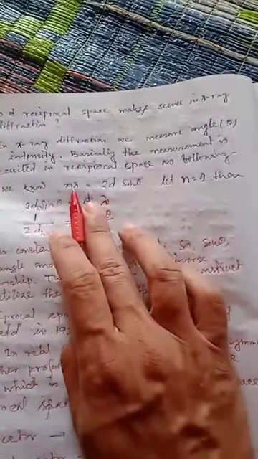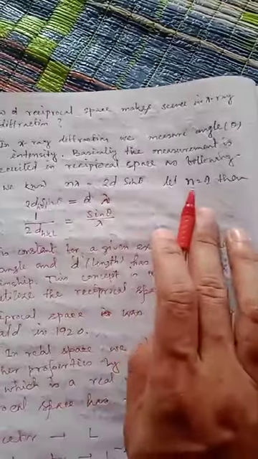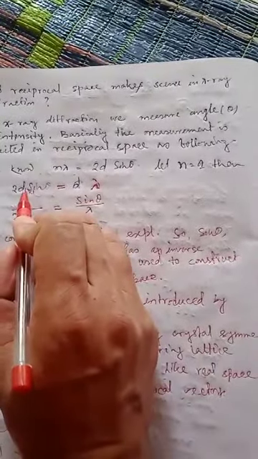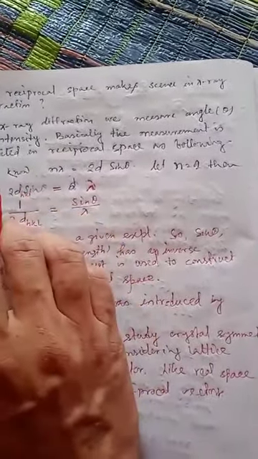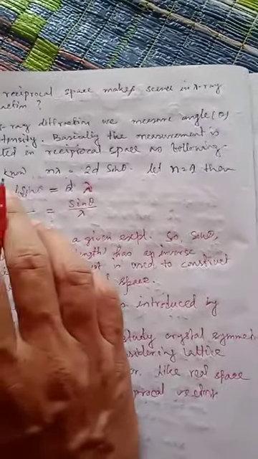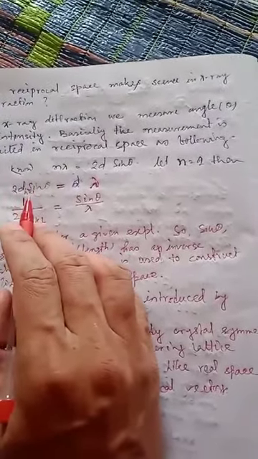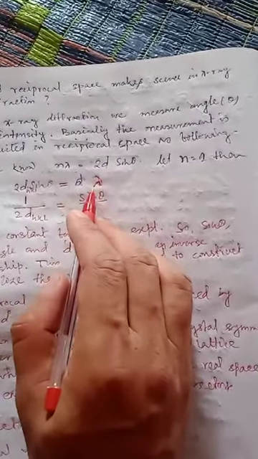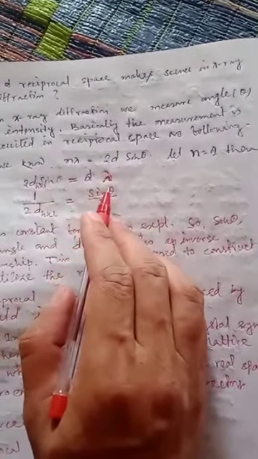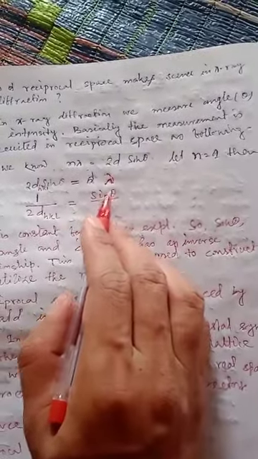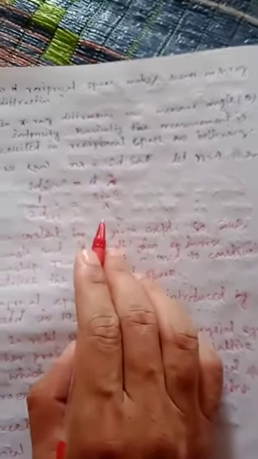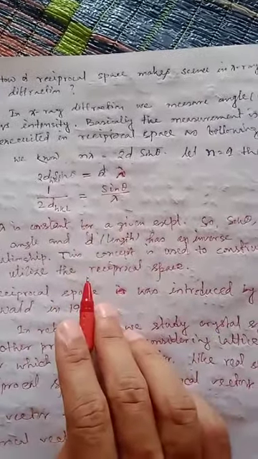Now we are considering that n, the order of reflection, is 1. So in this case we write d HKL, that means d of any HKL plane. So 2 d HKL sin theta equals lambda. Lambda is the wavelength of the X-ray which is incident on the crystal. So 1 by 2 d HKL will be sin theta by lambda.